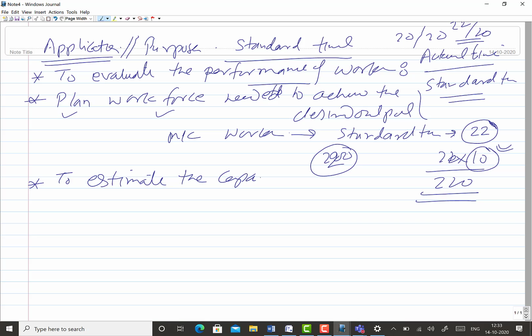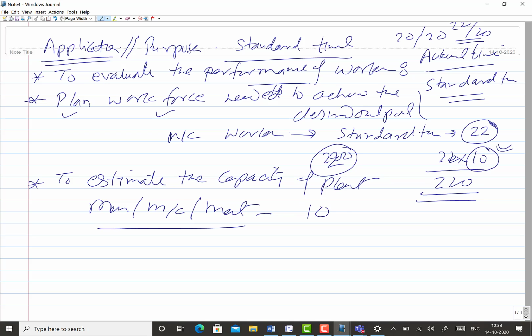Another good application related to this is to estimate the capacity of the plant. Using a given setup of man, machines and materials, say the time required is 10 minutes to produce 1 unit, so 48 units can be produced by one set.